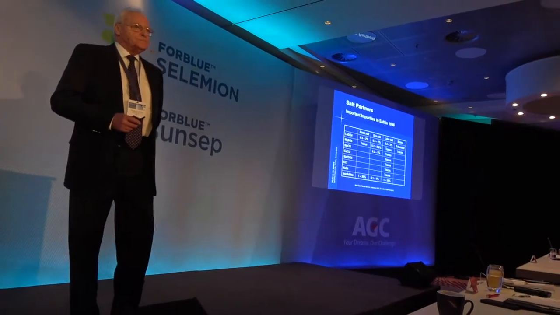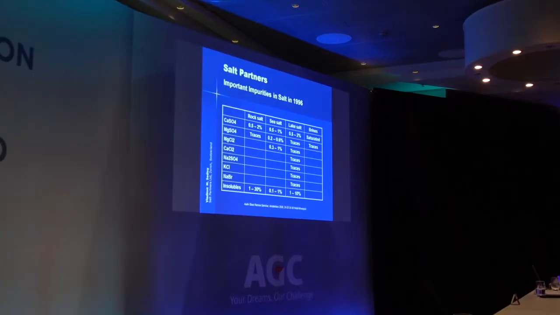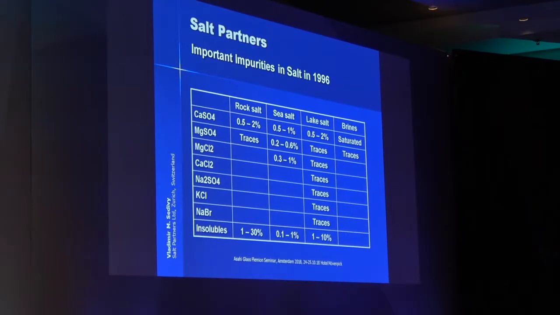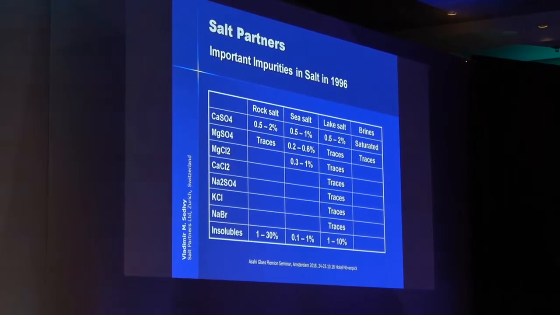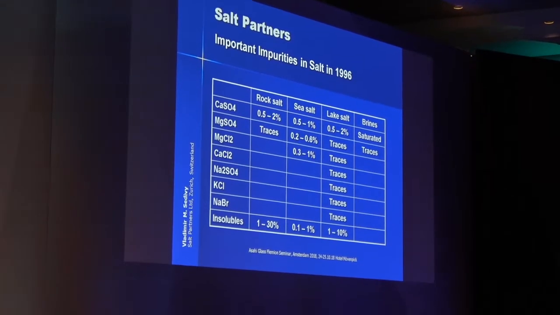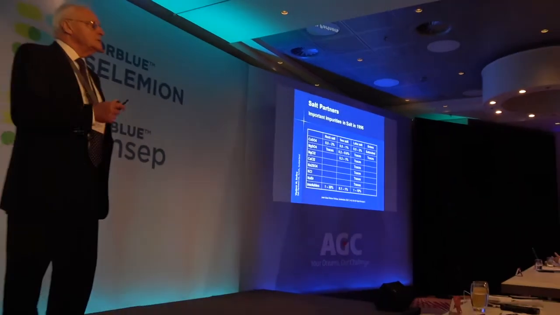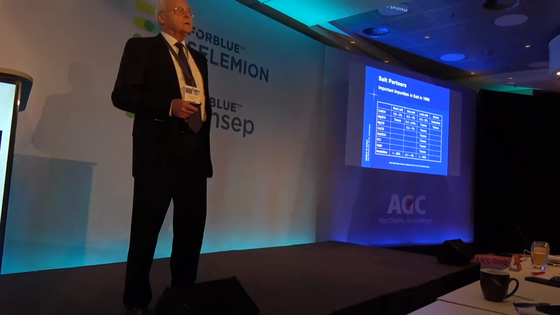Impurities in salt. We have heard in most of the presentations here that it's not really the sodium chloride in salt that is important. It is the impurity, or anything else but sodium chloride, that is important for caustic chlorine production. They are all the same in all the salts that are produced worldwide.